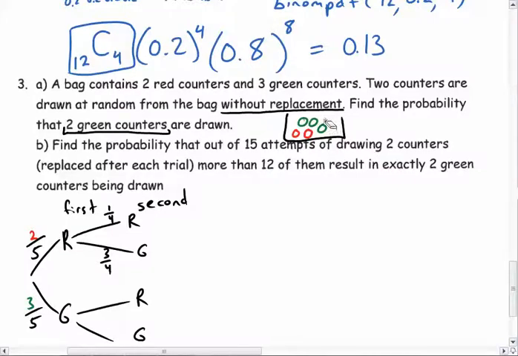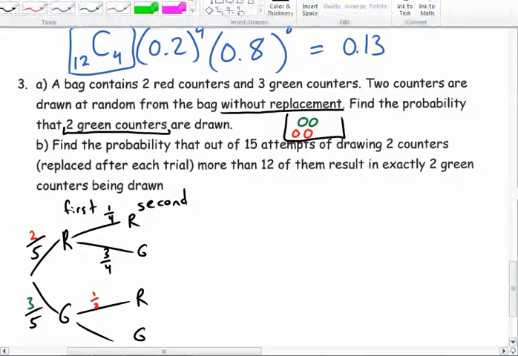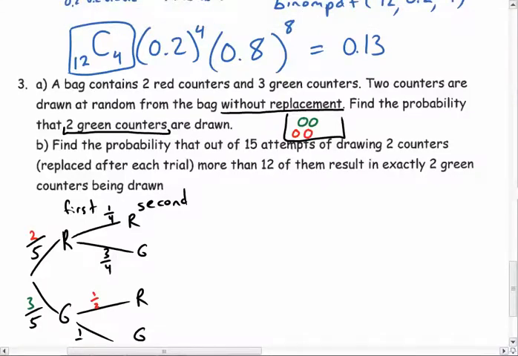If we took out a green one, then the chance for red or green on the second pull is 50-50. So the chance that we get 2 green counters is this branch. 3/5 times 1/2, or 3/10.